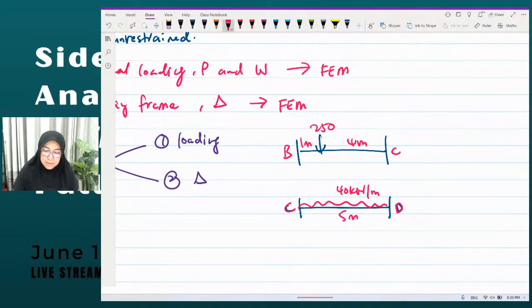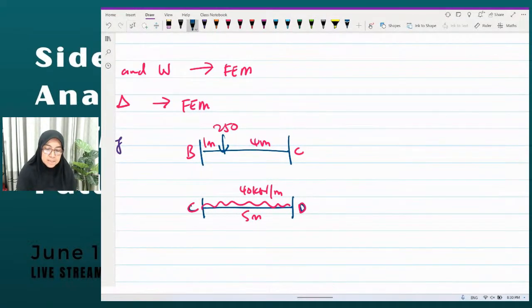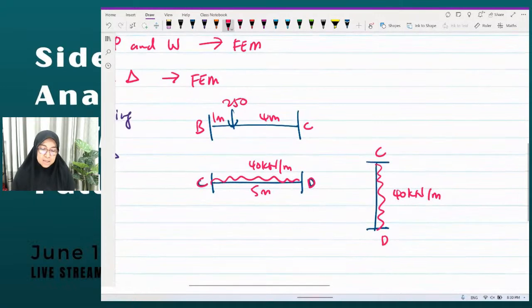So this is equivalent. All this, we calculate FEM due to external loading.